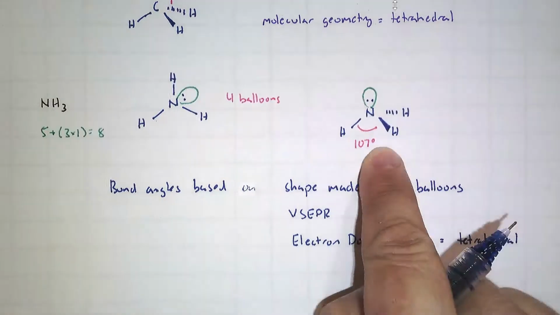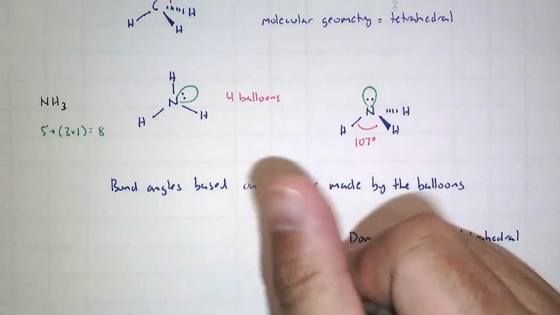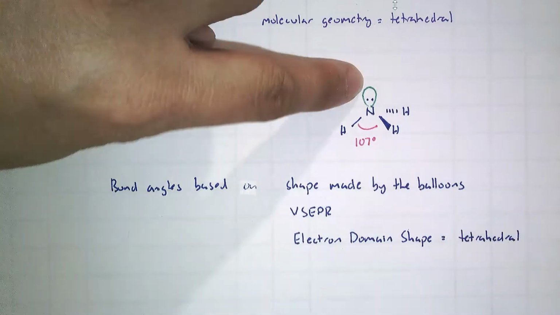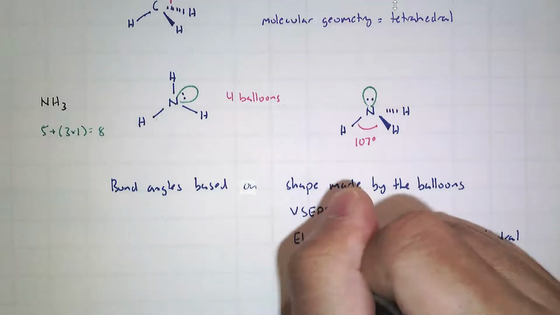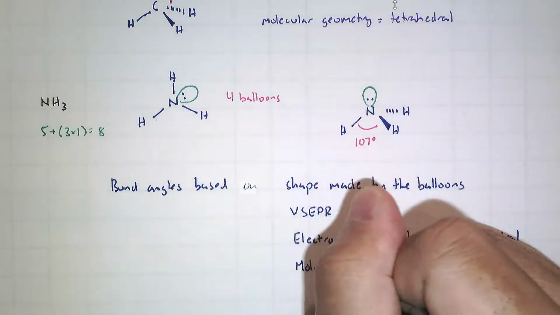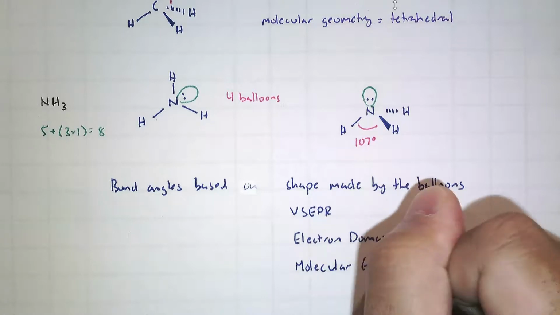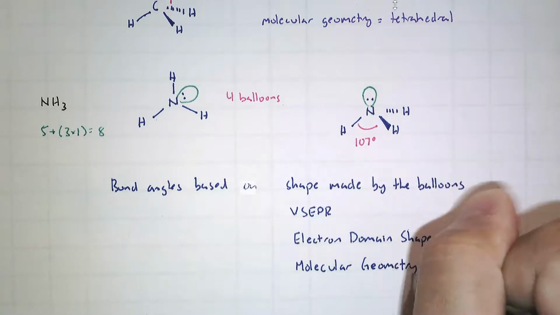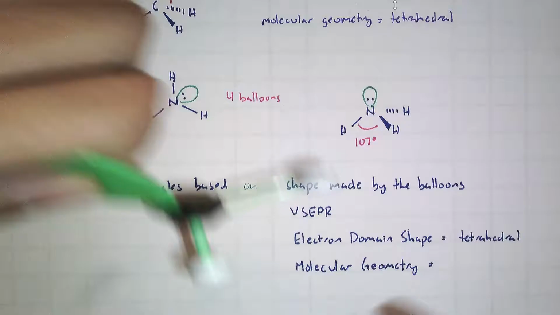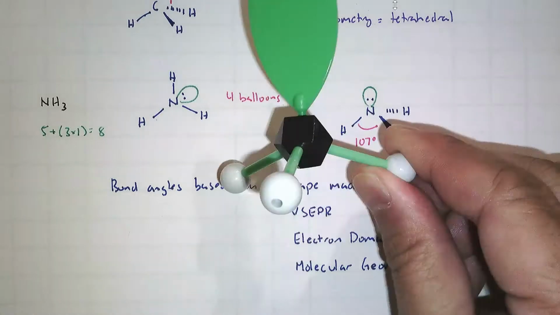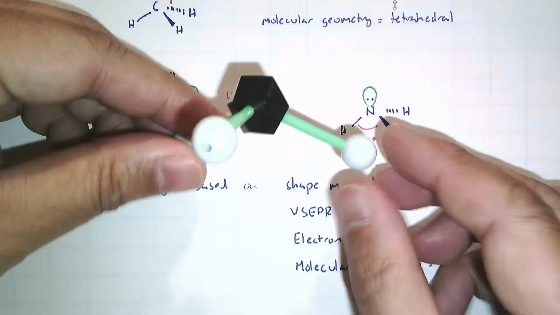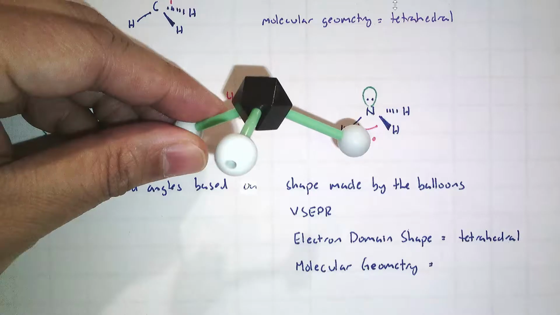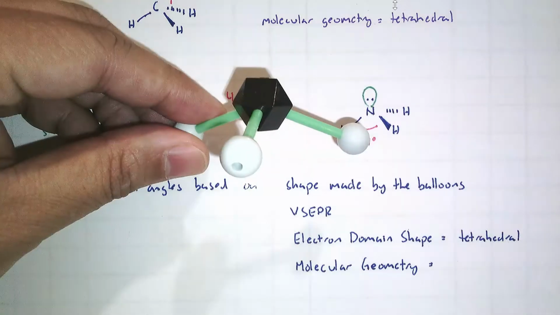But the shape made by the atoms is not tetrahedral because we don't have an atom in this fourth bond going straight up. So when we look at the shape of the molecule, we call it the molecular geometry. It's the molecular geometry here. Again, let's take off this so it doesn't confuse us. It's a shape made by the atoms themselves, not the electron pairs or the balloons.